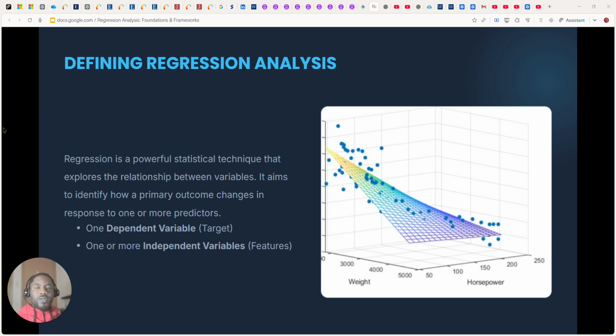So, to understand regression, you have to understand the idea of dependent versus independent variable. The independent variable, the IV, is more like the cause, or the thing you think influences something. It is also what you change, compare, or use to predict.